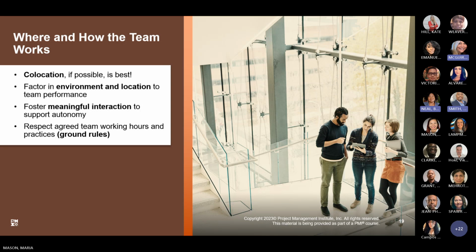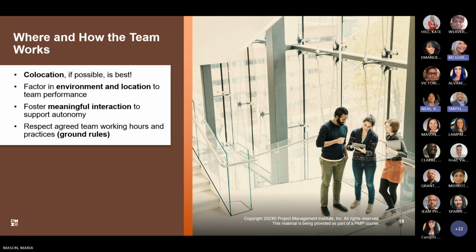If we create or allow an environment to exist where team members don't feel like they're a part, that will impact the project. It won't run as smoothly. It may not even make certain milestones and deadlines because you don't have the engagement of the people. So this is a critical piece of setting up how and where the team works.